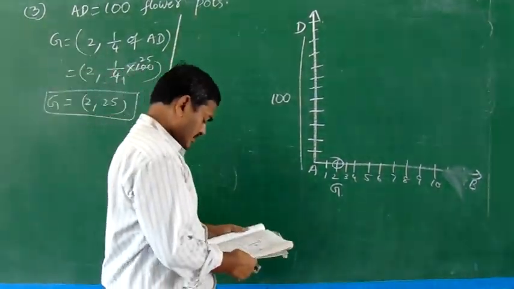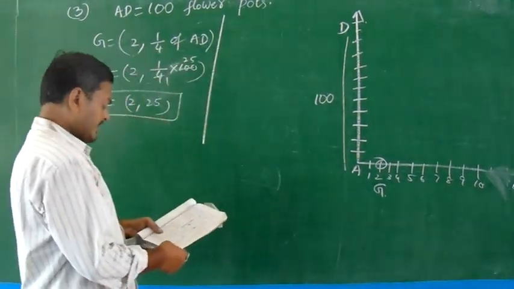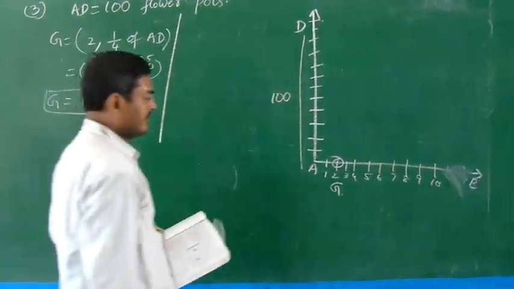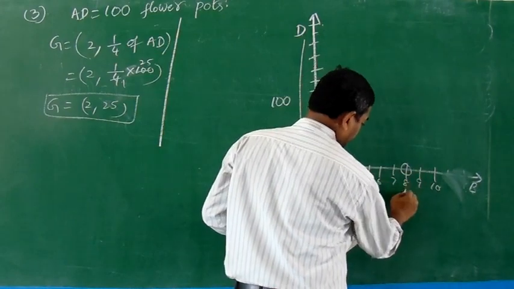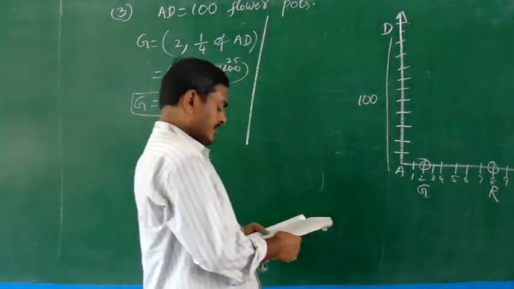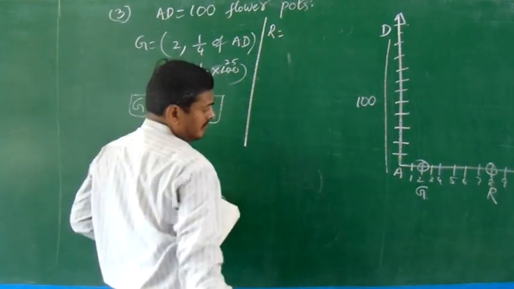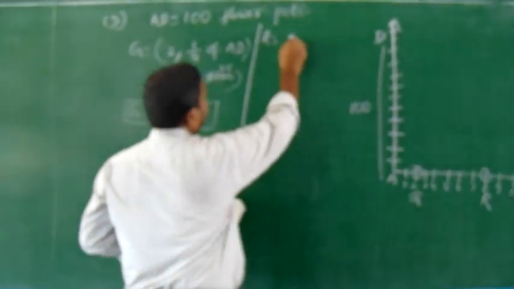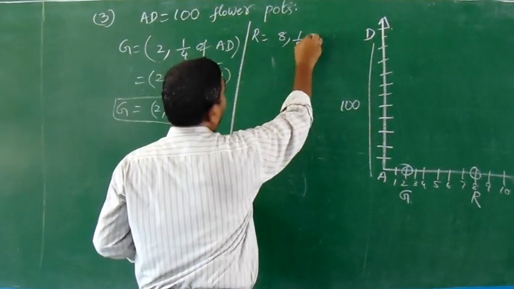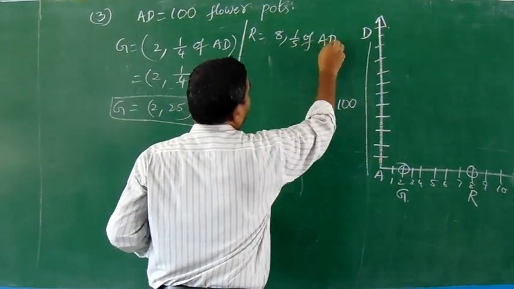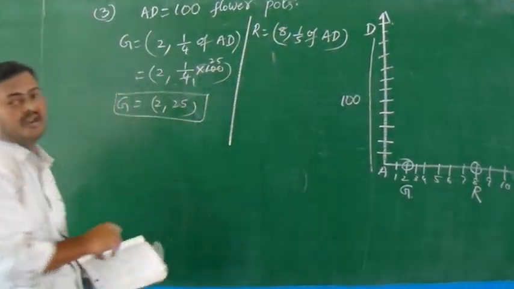Next, Preet posted another flag, a red flag. The coordinates of red are 8 and 1 by 5 of AD.